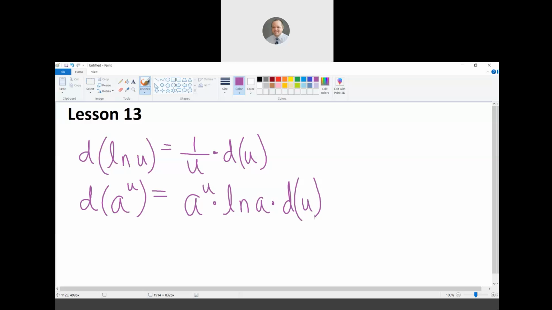With exponential functions, if you had to take the derivative of e to the u power, derivative of e to the u is still e to the u times the derivative of your exponent u.